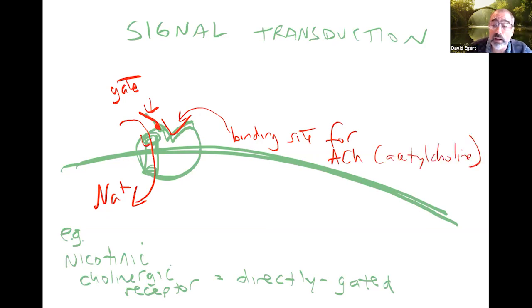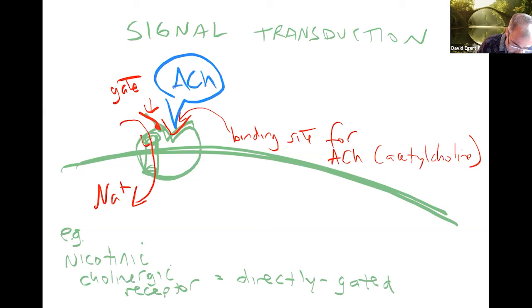So this is one big protein that has everything all in one. And if acetylcholine comes in and binds, it basically opens the gate and lets the sodium through.